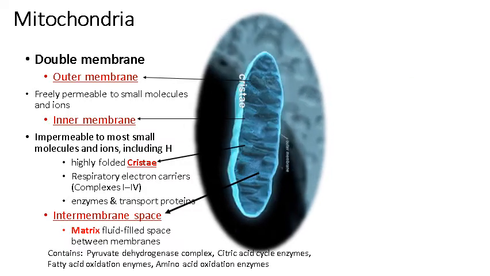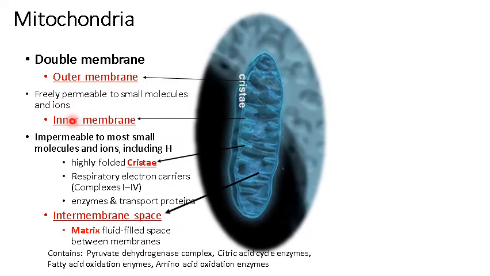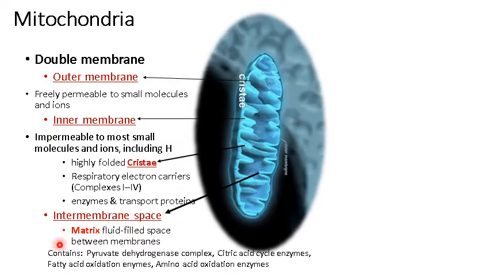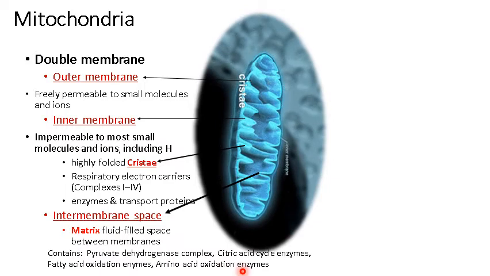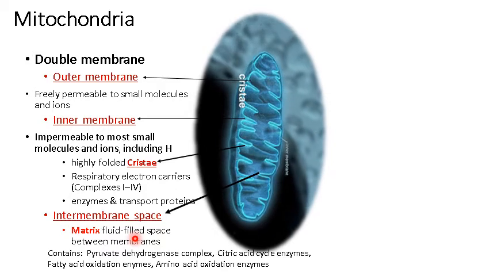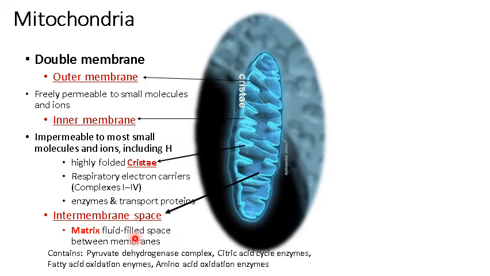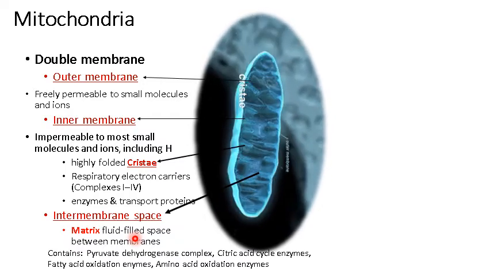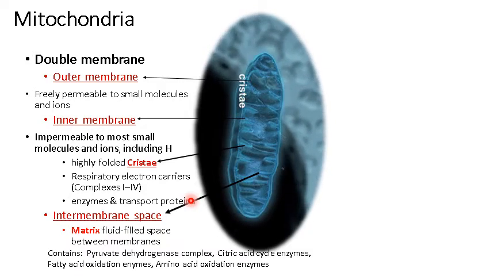Okay, now let's move on to the next. This is the structure of the mitochondria. We have seen this previously also. They are a double membrane structure, with an outer membrane, an inner membrane, and an intermembrane space, and the matrix contains all of the enzymes for the different fatty acid and amino acid oxidation. In the mitochondria of all cells, the enzyme in the outer membrane is thiokinase, or acyl-CoA synthetase, and in the inner one is carnitine, which mediates the movement of free fatty acids derived from the fat molecules into the mitochondrial matrix.